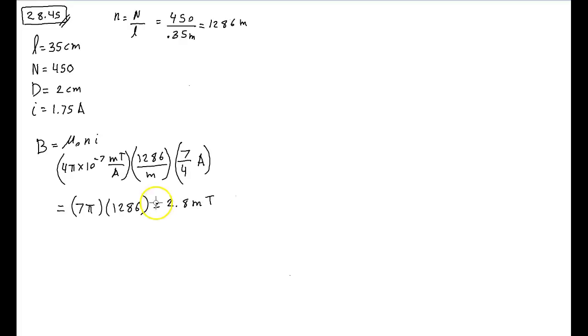Suppose we now stretch out the coils to make a very long wire carrying the same current as before. What is the magnetic field 1 centimeter from the wire's center? Okay, so for a long straight wire, we don't really need to figure out how long the wire actually is. We do have an equation that we derive from Biot-Savart for any length wire, but since 1 centimeter is such a tiny distance compared with the overall length, we don't need to use that exact equation.